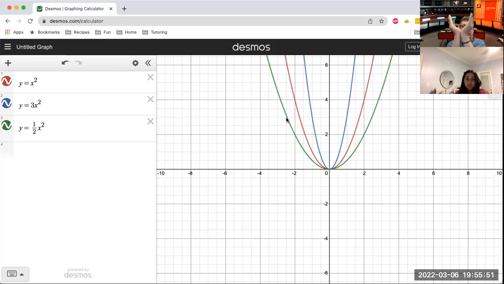So do you see how the difference, like x squared, the parent function, right? If it's a number greater than 1, it's going steeper. And if it's between 0 and 1, it gets wider. I would say a fraction. I'll call it a traditional fraction, which is not an official math word.